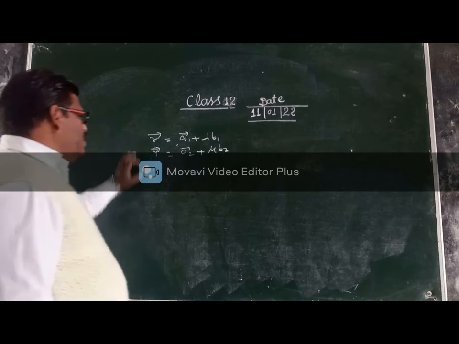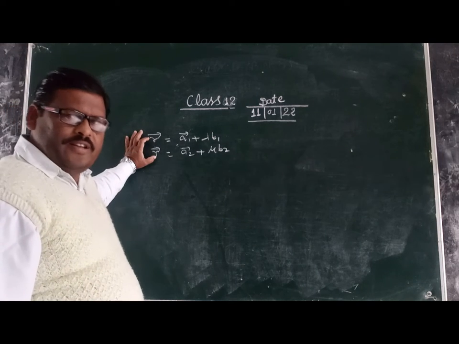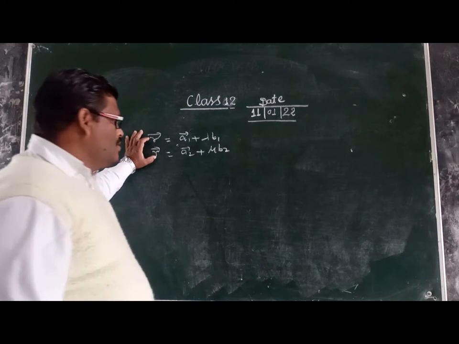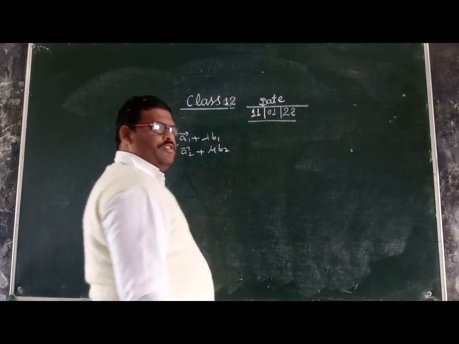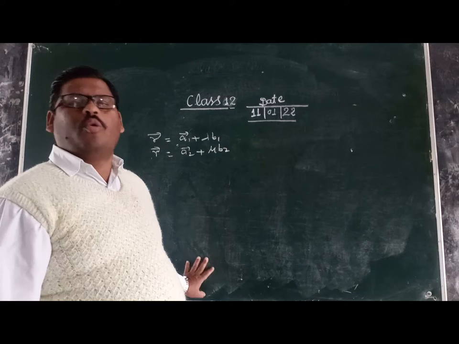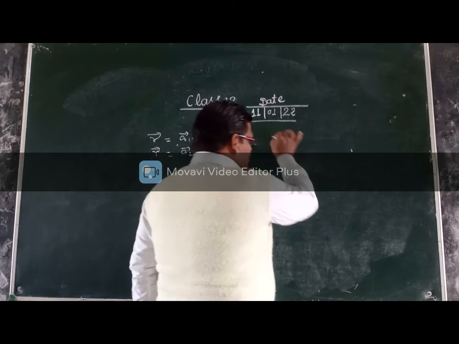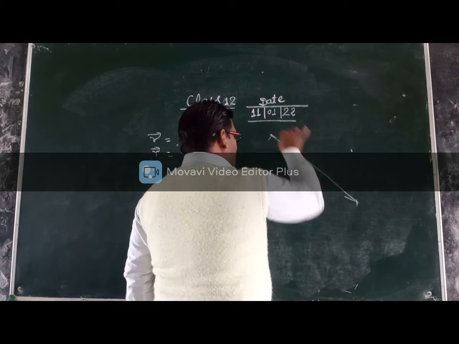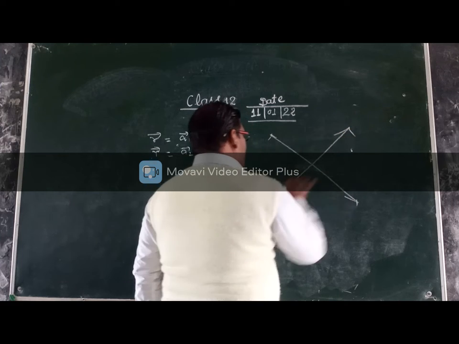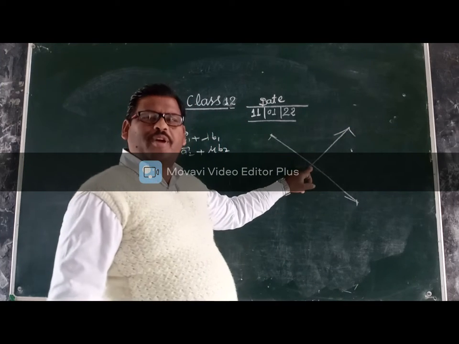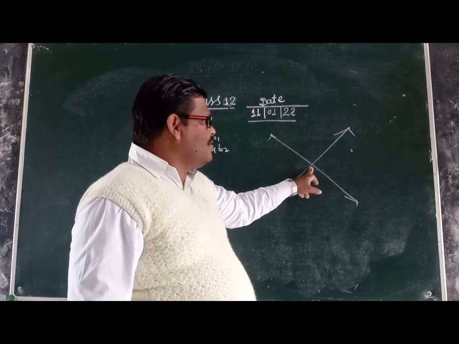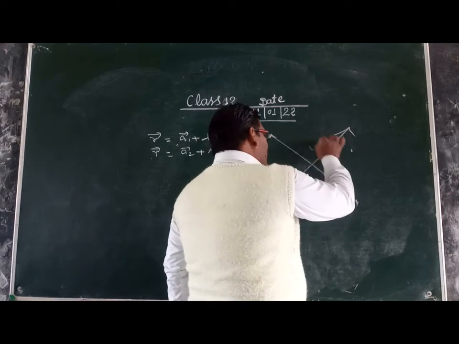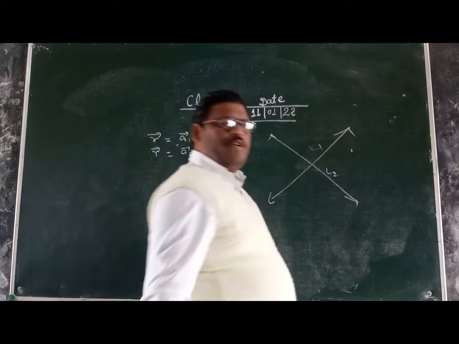If the equations represent intersecting lines, the shortest distance between them will be 0. Now pay attention here: this is a line and this is also a line. Both intersect each other at point P. Therefore, the shortest distance between the lines L1 and L2 will be 0.